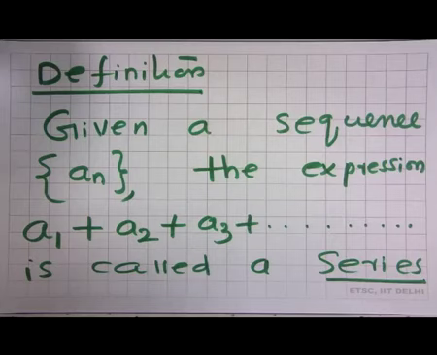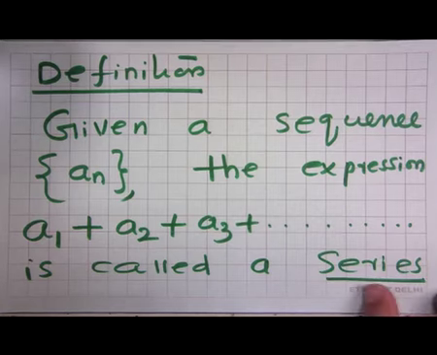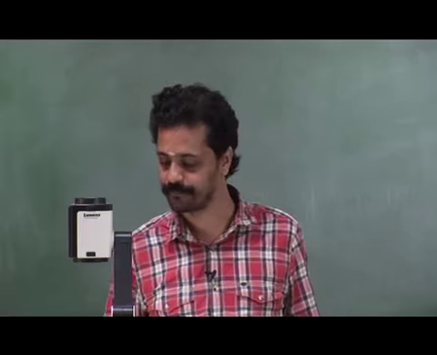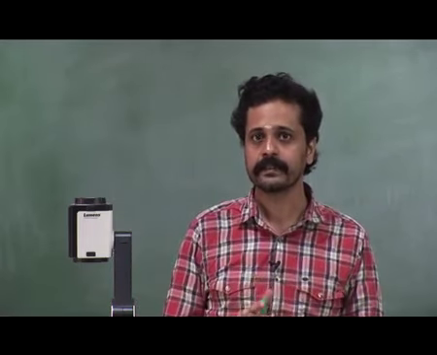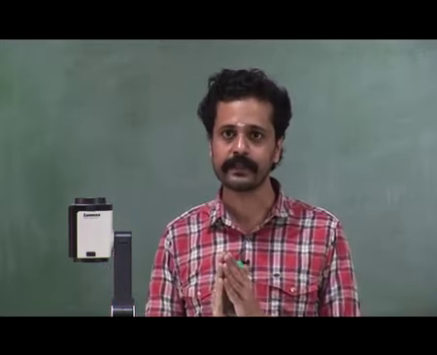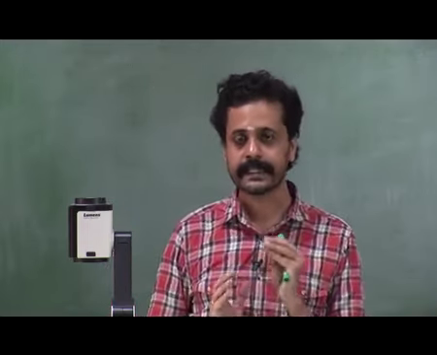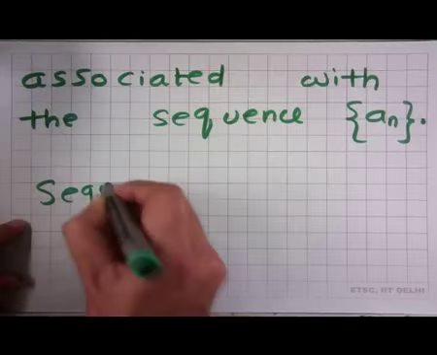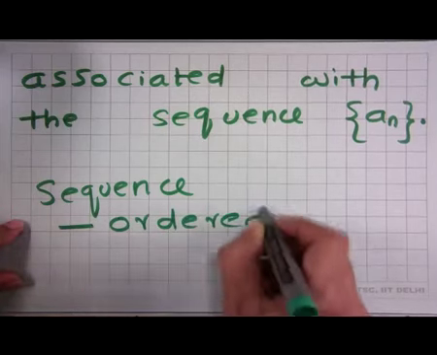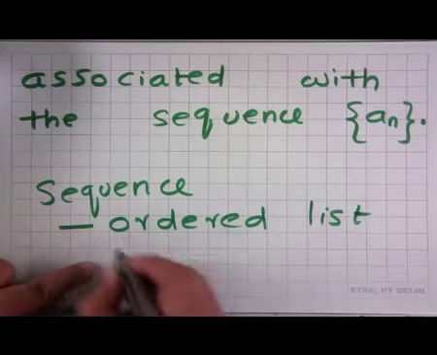Given a sequence a_n, you consider the expression a1 plus a2 plus a3 plus etc. This expression is what we mean by a series. Thus, informally, the distinction between sequence and series is that a sequence is an ordered list of numbers, whereas a series is a sum.